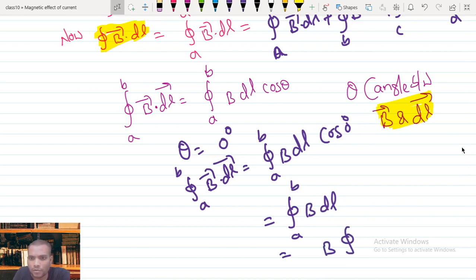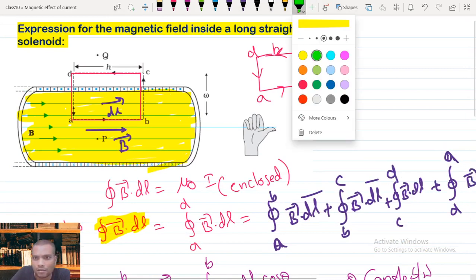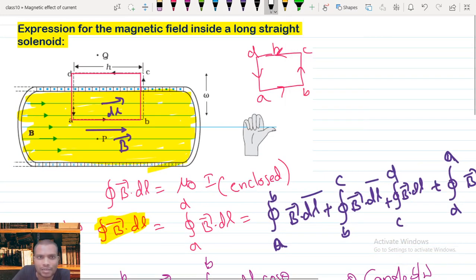What is the value of closed integral A to B dl? What is the length of A to B? Here the A to B length was considered as h, but it is easier to consider this term as L, so let me change this quantity from h to L.